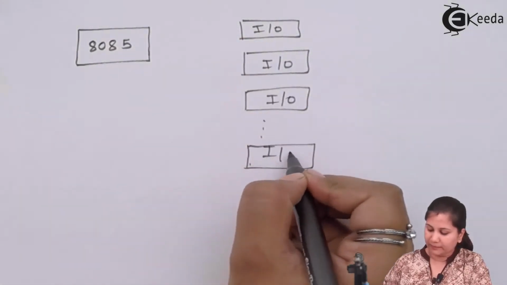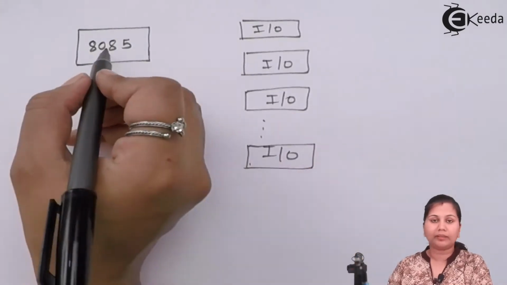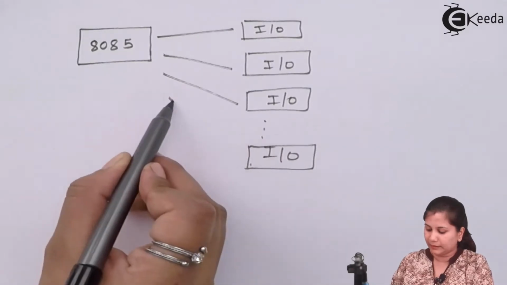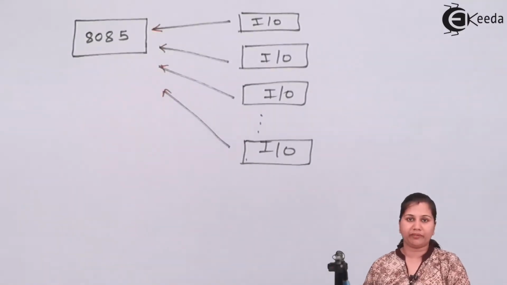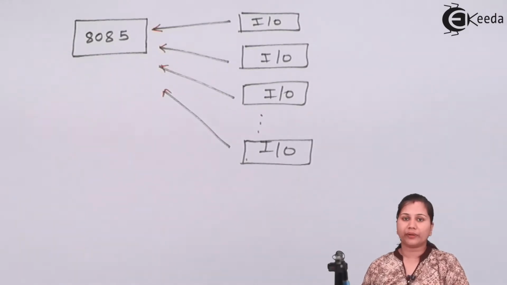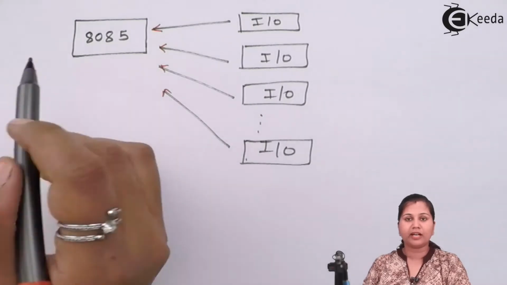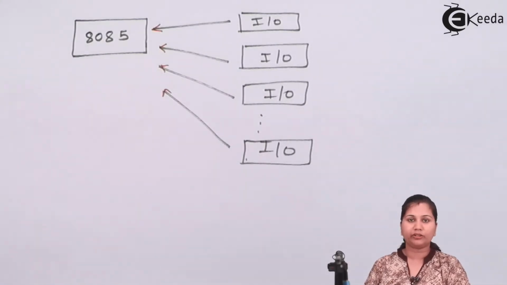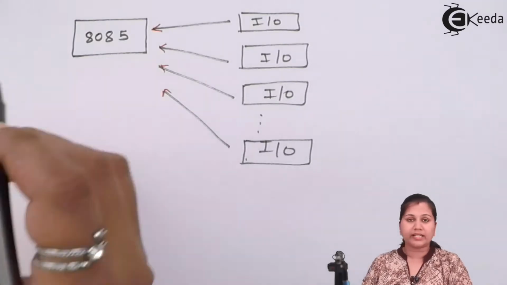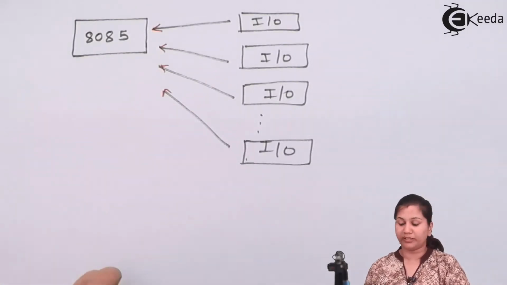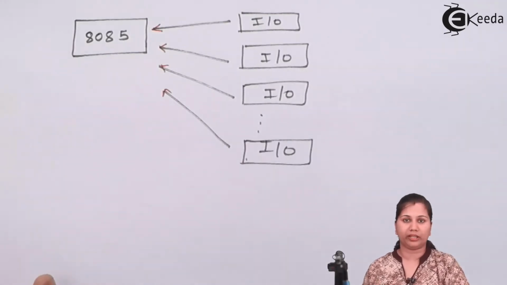Now each of these input output devices wants to communicate with the 8085, so they send an interrupt request to the 8085, that they want to communicate or transfer data. Now the 8085 has to decide which of the input output devices to communicate with first.